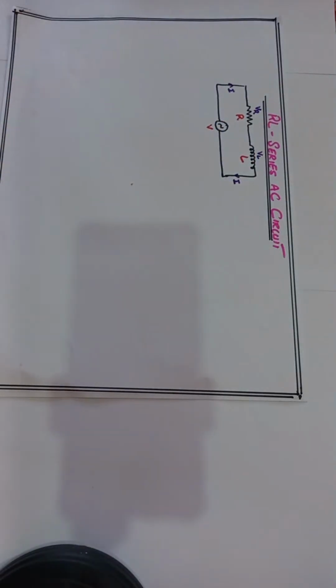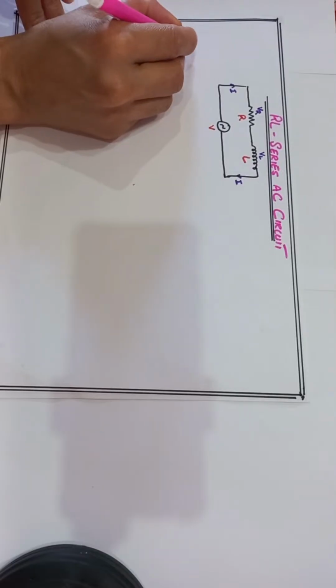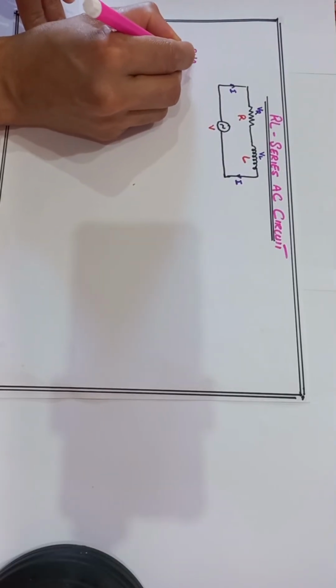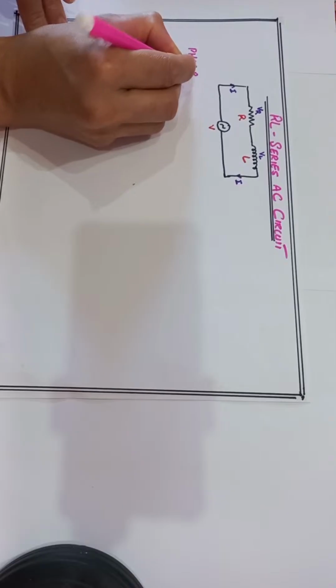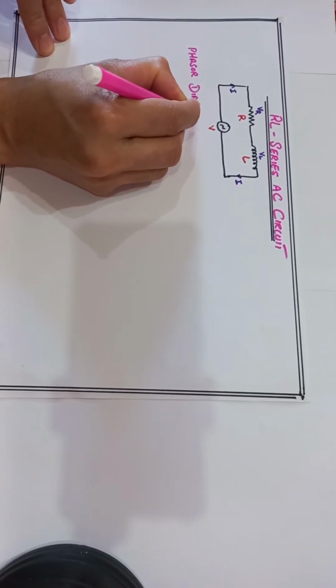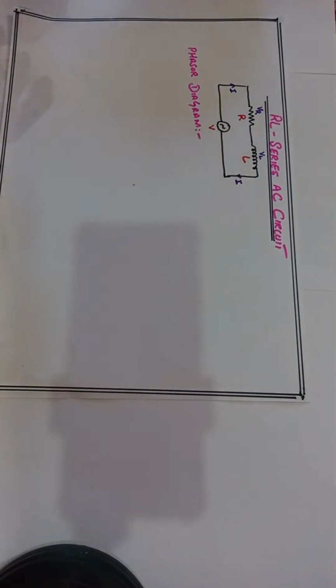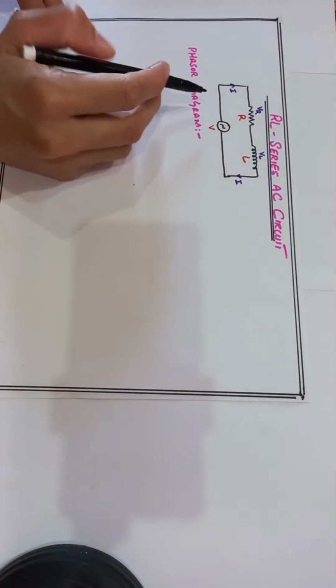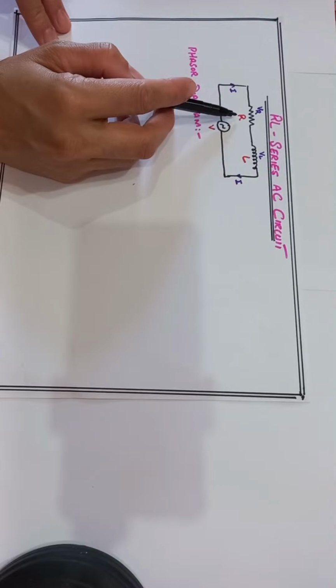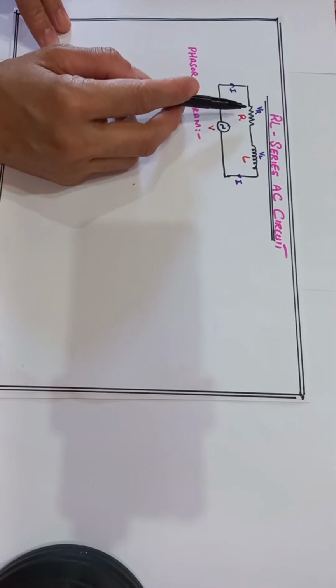Okay, now we draw the phasor diagram of this circuit. When the current is passing through the resistor R, the current and voltage are in phase.